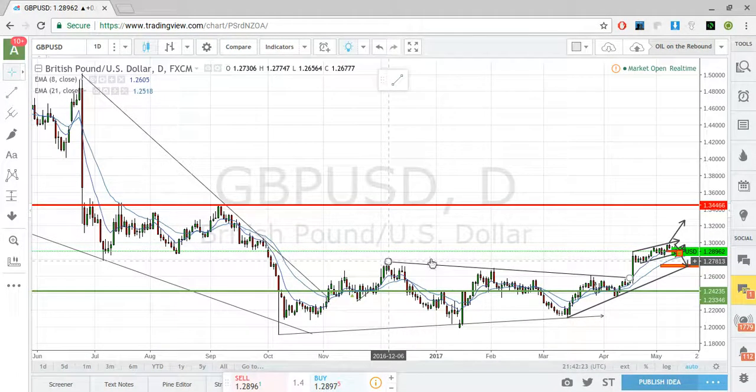As you can see here, it's bouncing off this trend line and bouncing off this trend line. And once we broke this trend line, it started giving us more bullish confirmation.